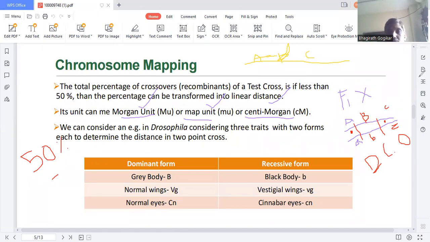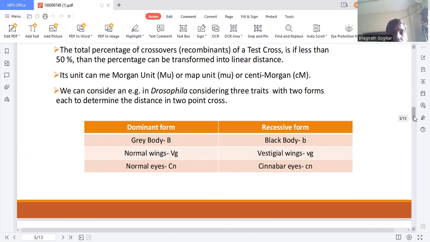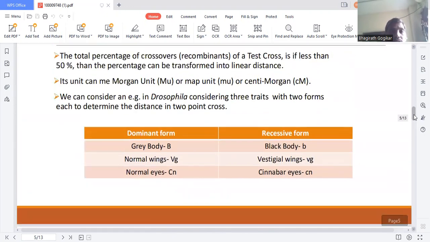Next, we go for the continuation of the problem. See here. We consider the example of Drosophila, considering 3 traits with two forms each, to determine the distance in a 2-point test cross.